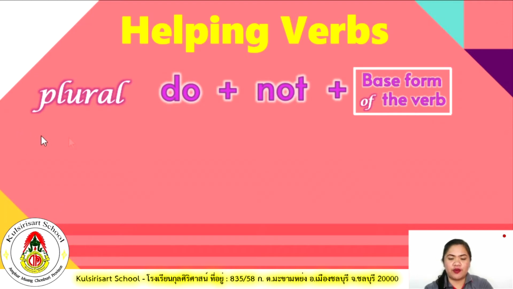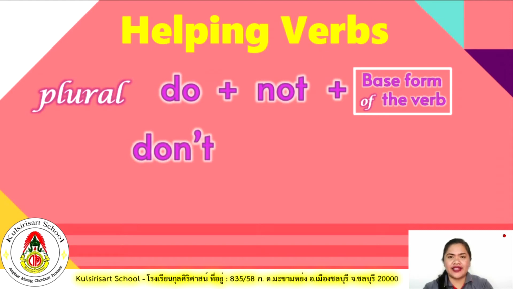So when we talk about plural, as what I've said a while ago, we will use the helping verb do plus not plus base form of the verb. But take note, in contracted form or contractions, we are going to combine the do and the not. And how do we combine them?